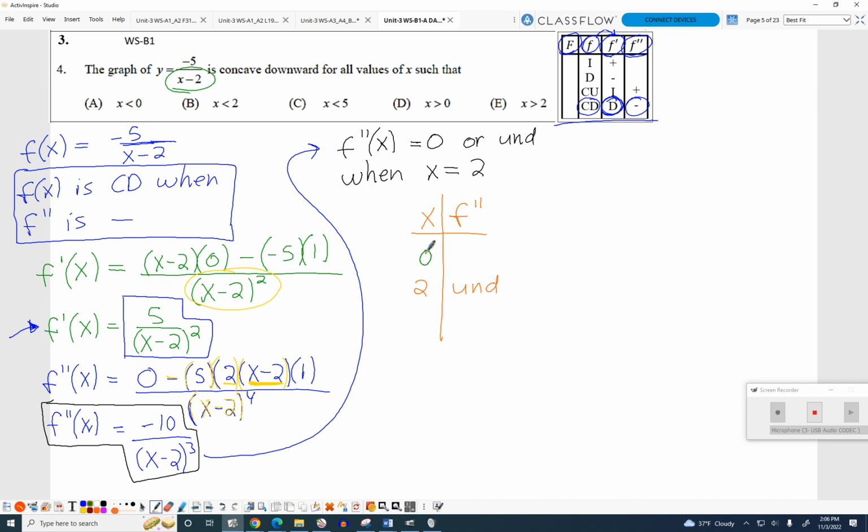It's easier. If I can use 0, I always do. So what happens when you take x equals 0 in f double prime? You get a positive, because the top will be negative, the bottom will also be negative, and negative divided by negative is positive. 2 for Ezra.